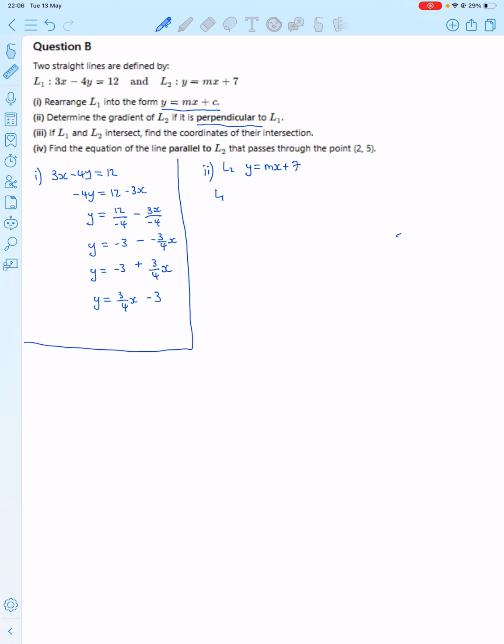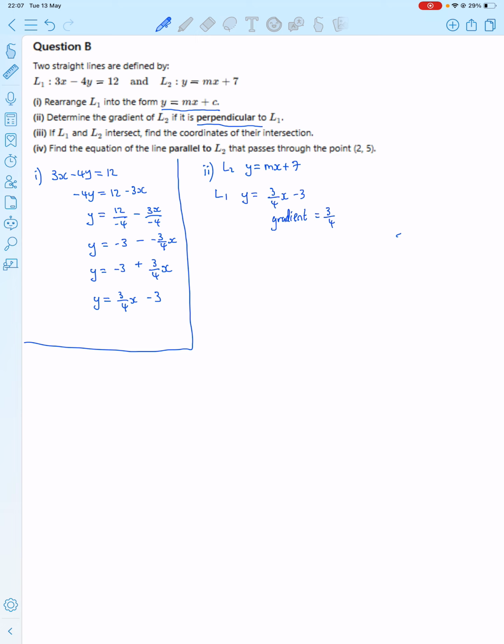Well, L1, first of all, let's just write that a bit more clearly. That is y equals 3/4 x minus 3. So the gradient for L1 is equal to 3/4.